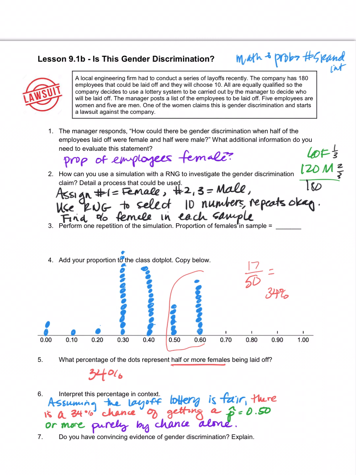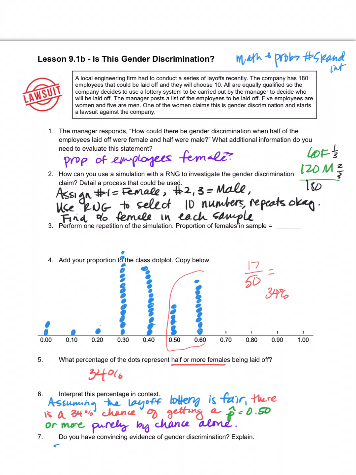Okay. So then do we have convincing evidence that there's discrimination here? No. Why? 34% is greater than 5% last I checked, right? That's where it becomes suspect. So we would say, let me say it this way.